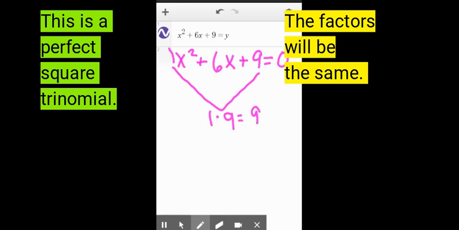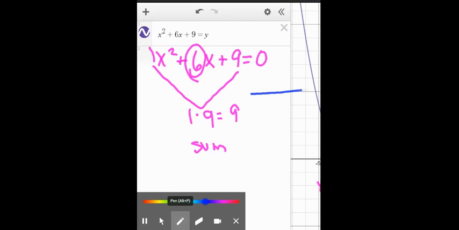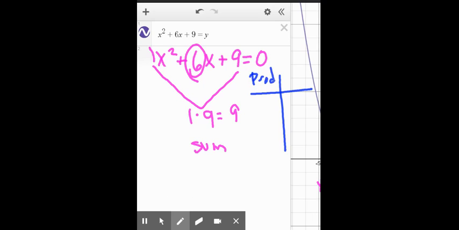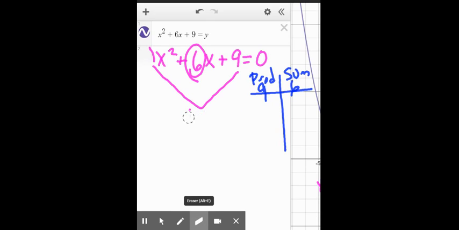And we're looking for a sum of 6. So I'm going to make a little table here. We need a product of 9 and a sum of 6. Okay, what two numbers are going to give us a product of 9 and a sum of 6?